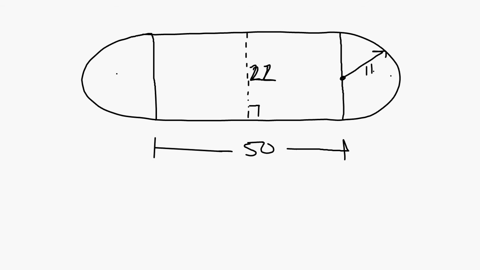If this piece is 22, then isn't this piece 22? And isn't half of that piece 11, which also represents your radius? So you've got a rectangle that's 22 by 50, and you've got a circle with a radius of 11. Questions?